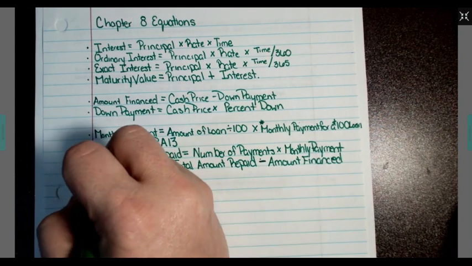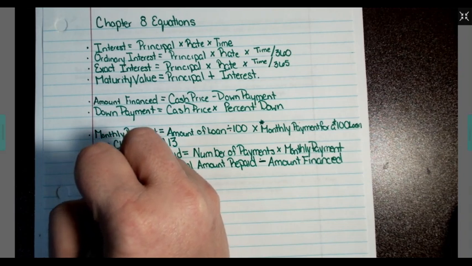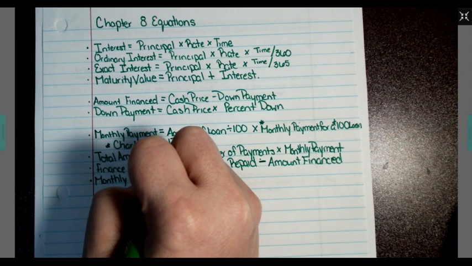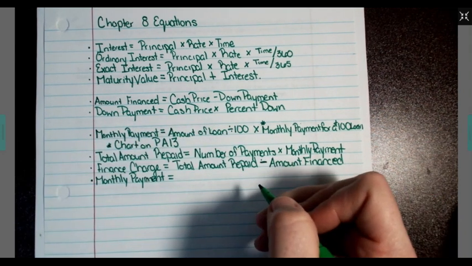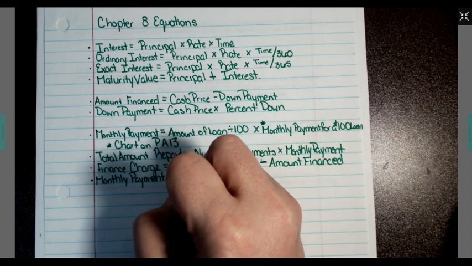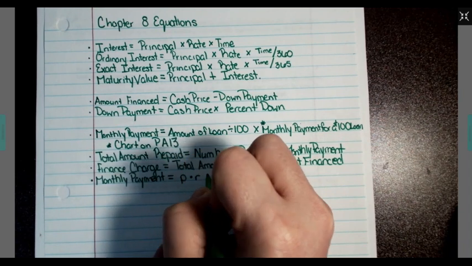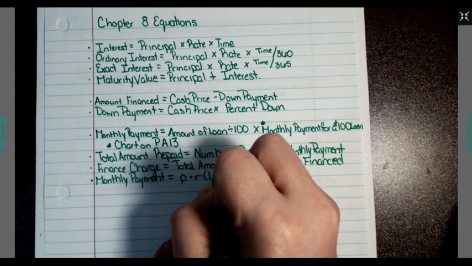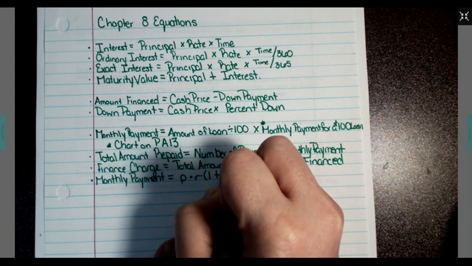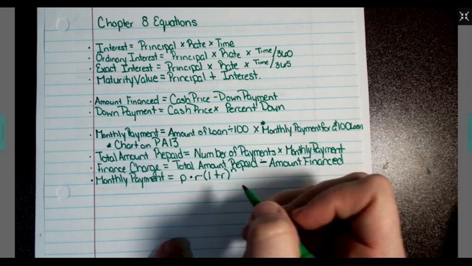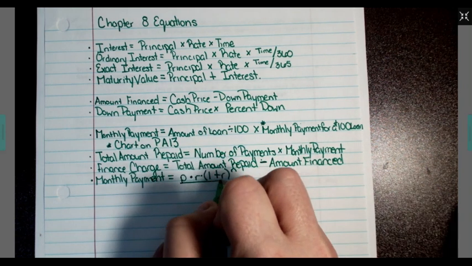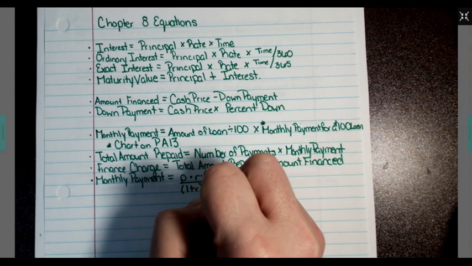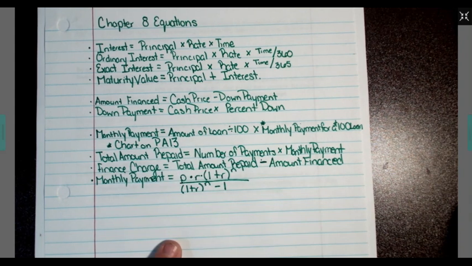And the last one, monthly payment equals your principal times your rate times 1 plus your rate to the n power all over 1 plus your rate to the n power minus 1.